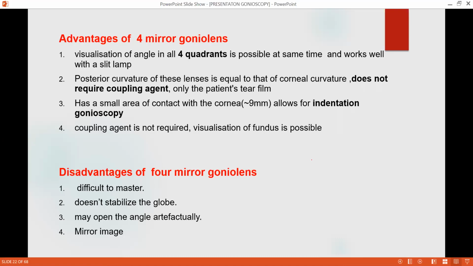It is difficult to master this technique, because since the area of contact is less and we are not using coupling agent, it doesn't stabilize the globe. Sometimes with an undue pressure, you may open the angle falsely. And it doesn't give the actual image, it gives a mirror image of the angle.